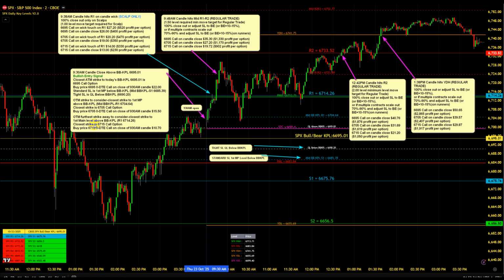So the 67.15 0 DTE call option on the close of this candle was $10.70. So as you can see here, this $10.70 price is a little bit less than half of what the cost would be for the at-the-money option. And this one is also significantly lower as well.